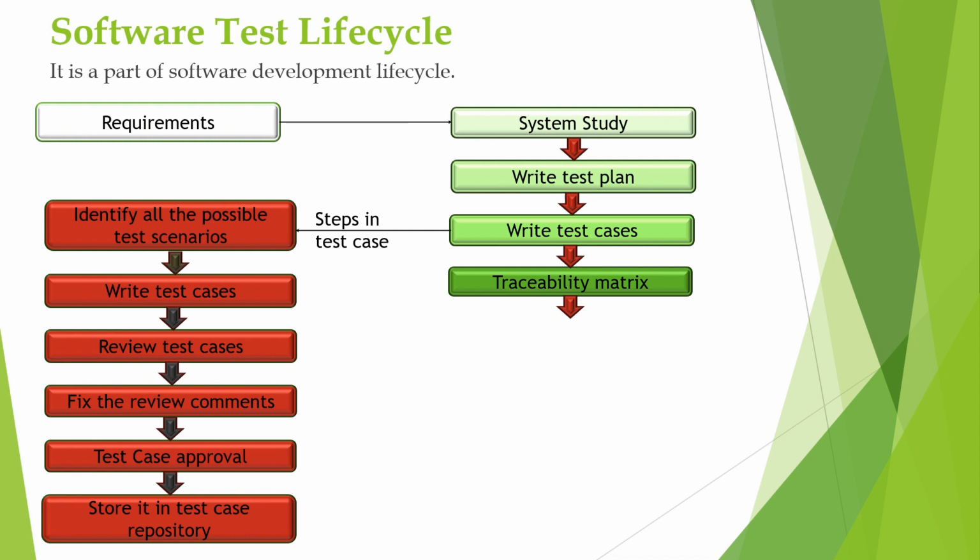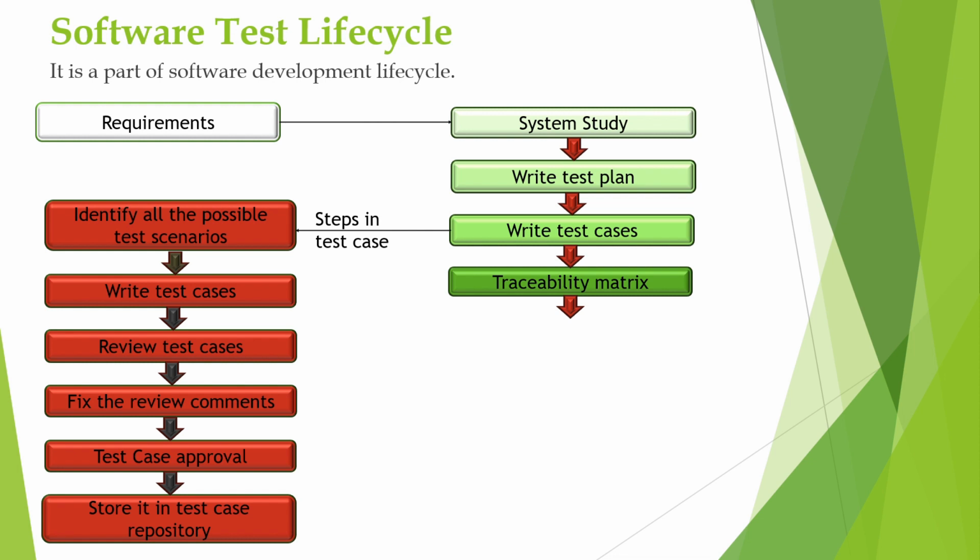If any requirement is missed, then test cases will not be written for that particular requirement. Then those features will not be tested, and there might be more defects also. In order to ensure that all the requirements are converted into test cases, we prepare the traceability matrix.